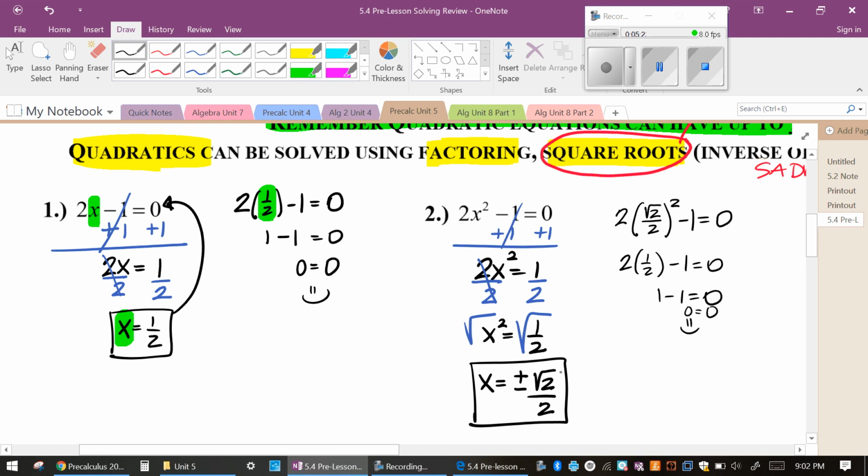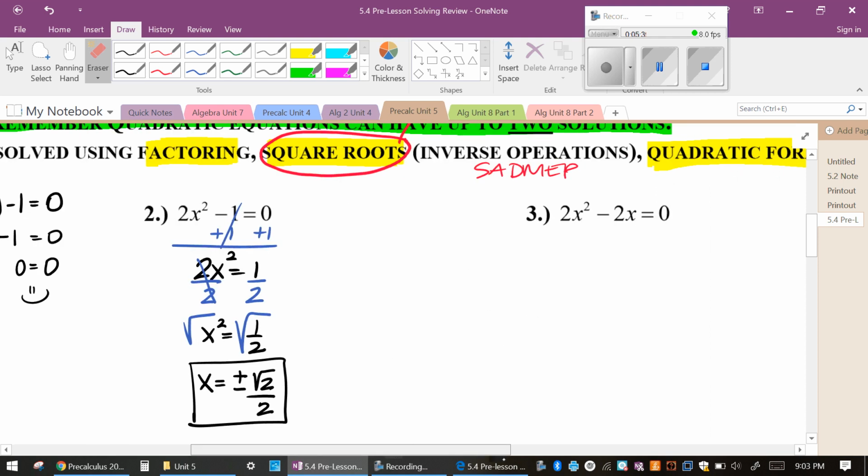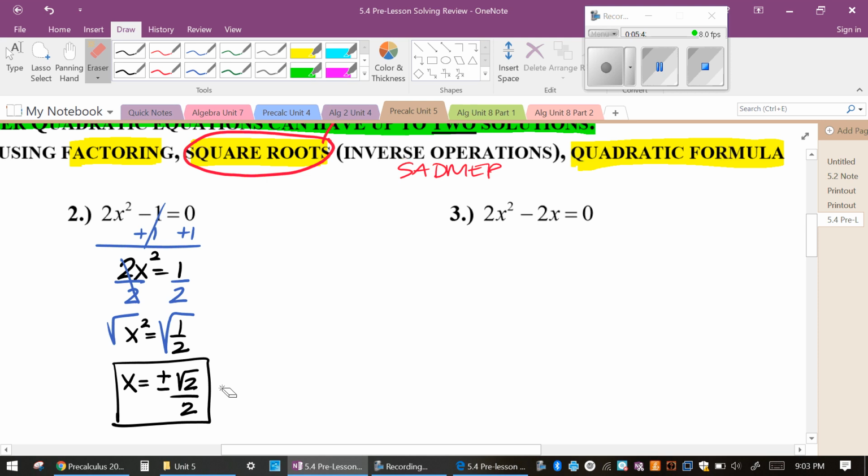So root 2 over 2 is a solution. The same thing would happen if you had a negative. Negative times negative is positive. Negative root 2 over 2 squared is a half. Half of 2 is 1. 1 minus 1 is 0. So whenever you solve these problems, if you have extra time, especially on a quiz, substitute your solutions back into the original problem to see if they actually work.